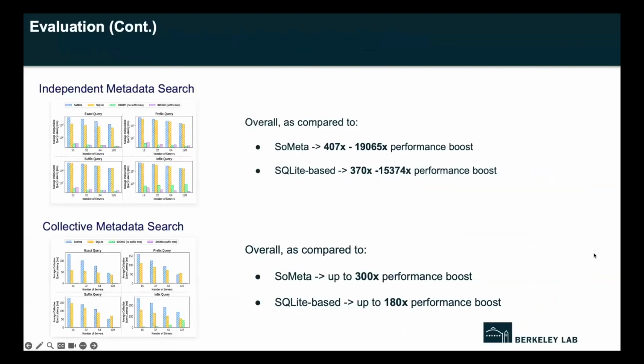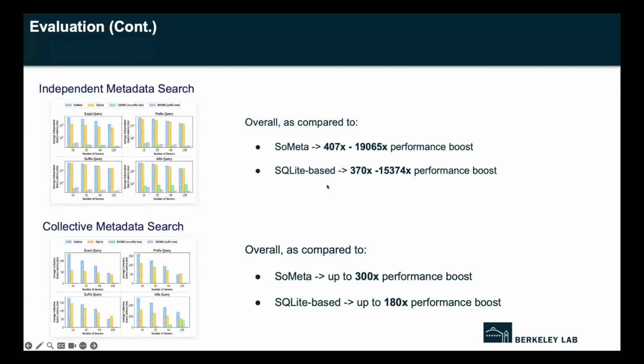And after integrating with mediums, here is the query result that we compared with Meta, which has the full string hashing capability, and also some of the database-powered solutions that are employing an embedded database like SQLite. So here we're also comparing mediums with suffix tree enabled and suffix tree disabled.